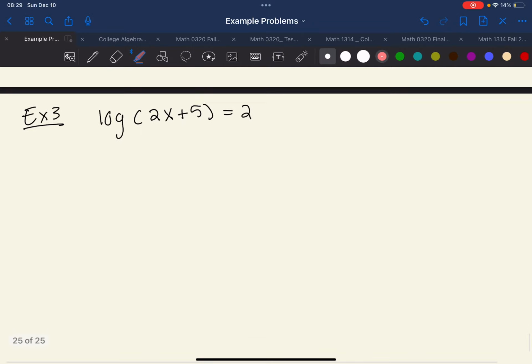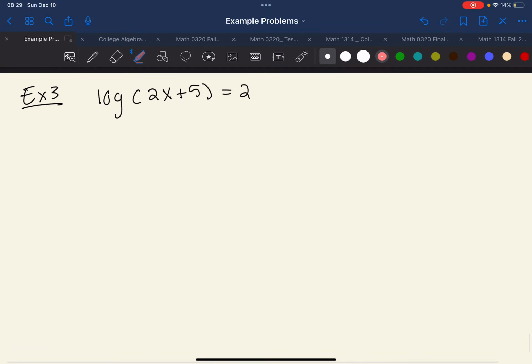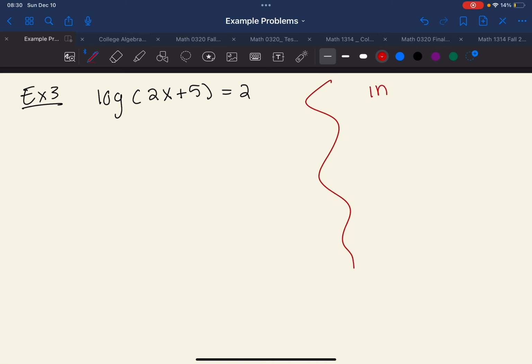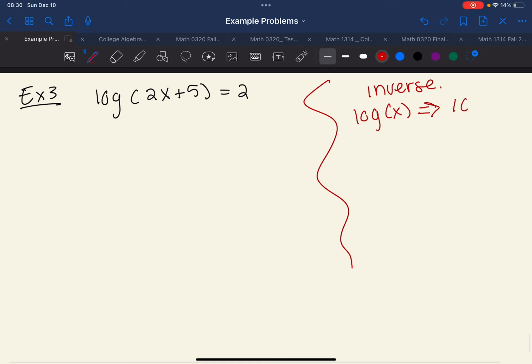Okay, last example here. In this example, instead of an exponential equation, now we have a logarithm equation. Okay. So the only difference with the logarithm equation versus the exponential is that we have to use a different inverse. So remember that the inverse of log of x is 10 to the x.